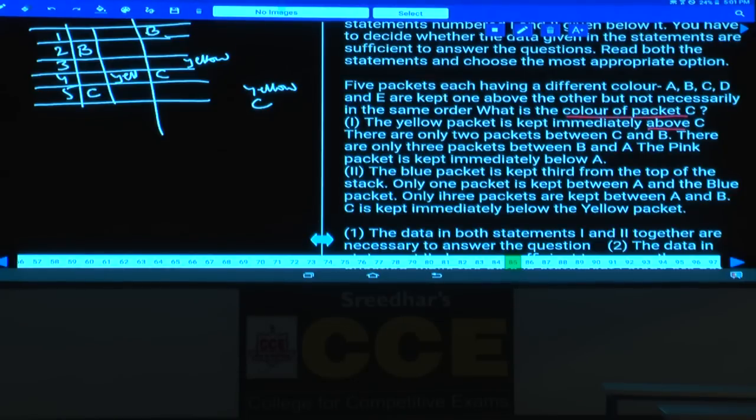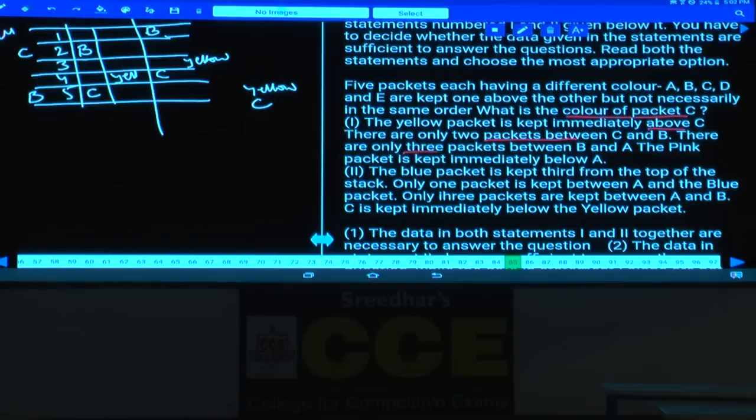Then one more possibility is also there. If C is at the second place and yellow will be here, then B will be here. There are 2 packets between C and B. Are we having 3 different possibilities or not?